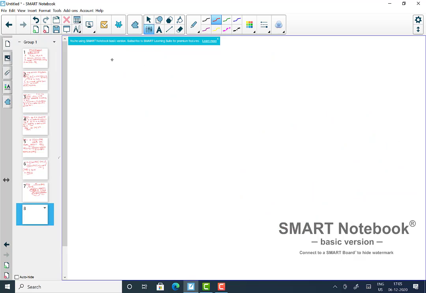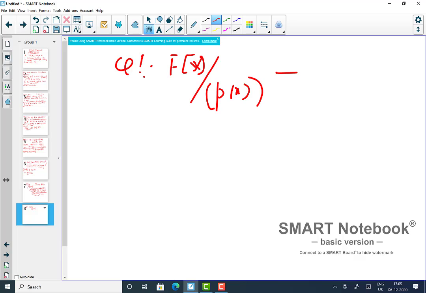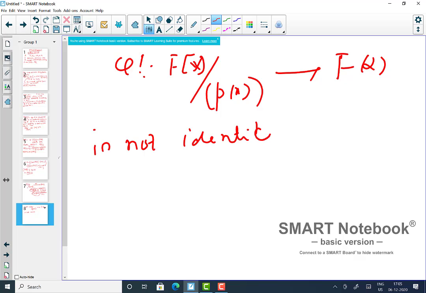Because see, this phi dash from F[x] over <p(x)> to F(alpha) is not an identically 0 map, right?